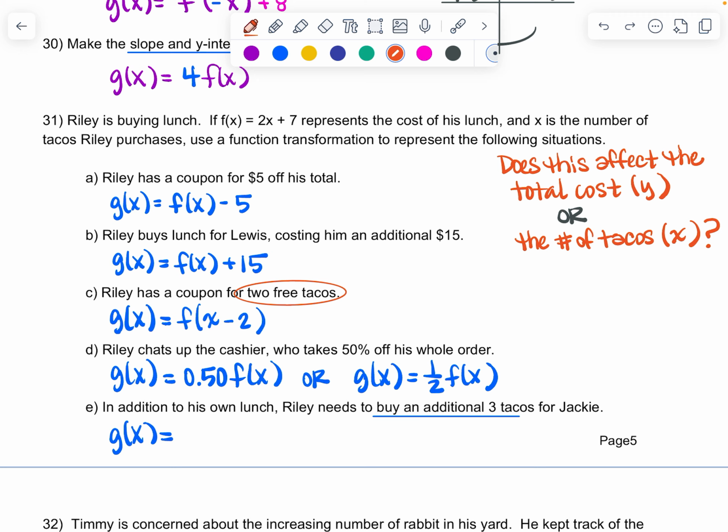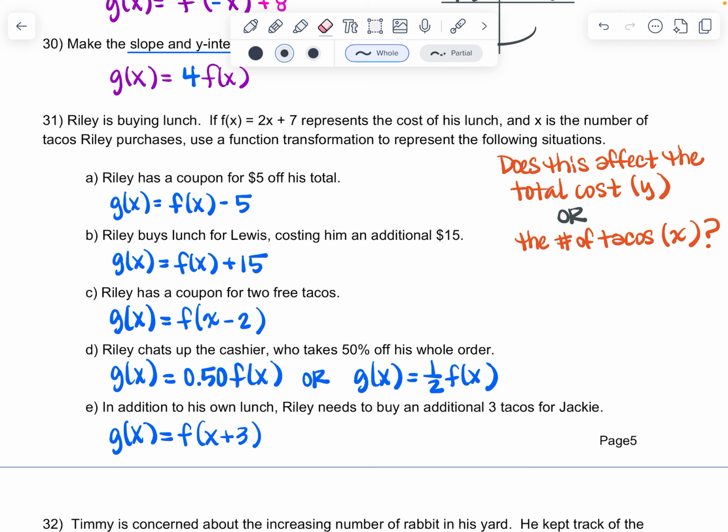That's why we were putting it as a plus 2, because they were free tacos. But down here, he has to actually buy the tacos. So in this case, it's going to be f of x plus 3, because he is going to have to pay more money for those.